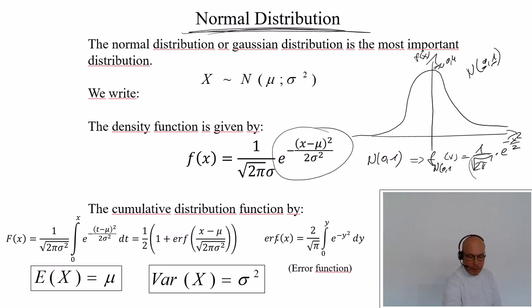So where does this constant come from? Well, this is because the integral over this squared exponential function here is just square root of 2 pi.